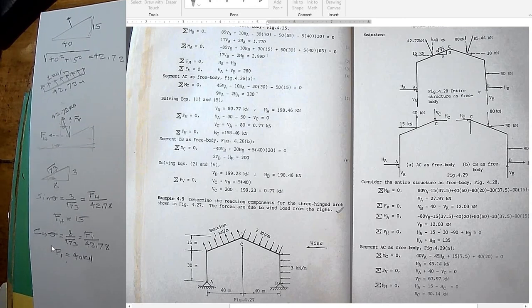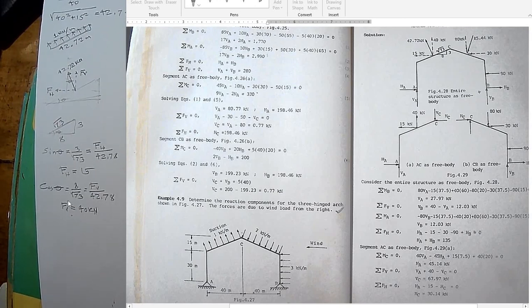Likewise, cosine of theta is equal to 8 all over square root of 73. Likewise, from this fourth triangle, cosine of theta is equal to f sub v all over resultant force na 42.72. By cross multiplication, f sub v is simply 8 times 42.72 divided by square root of 73 will give you 40 kilonewton. Yan yung procedure kung paano nakuha yung 15 and 40.